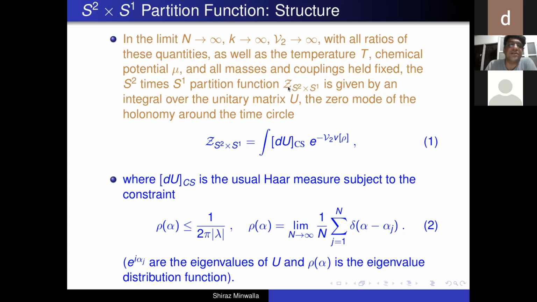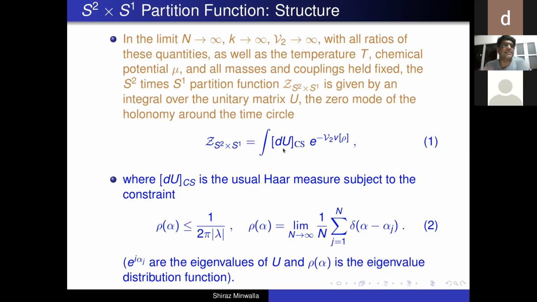The partition function of the theory on S2 times S1 has been shown to be given by an expression of the following structure. The partition function on S2 times S1 is given by an integral over a holonomy of an expression that depends on the eigenvalues of this holonomy field.